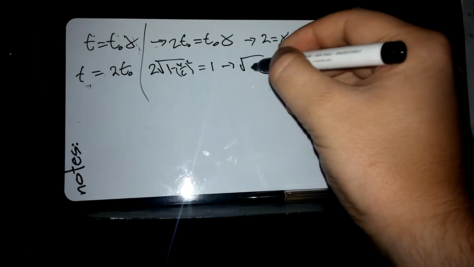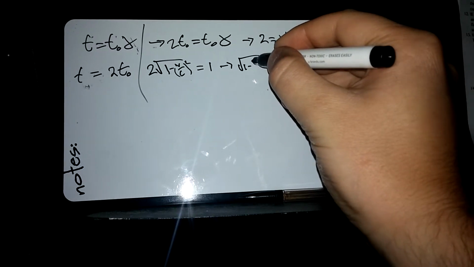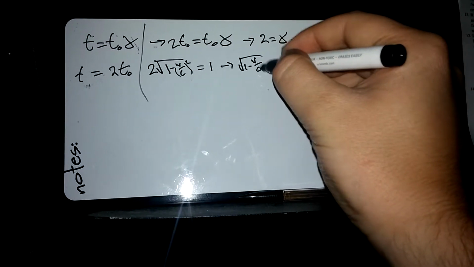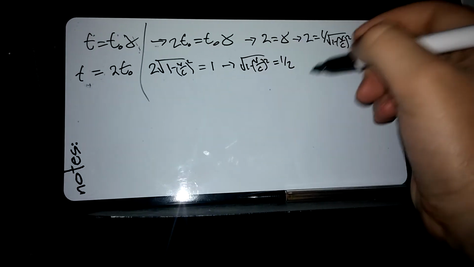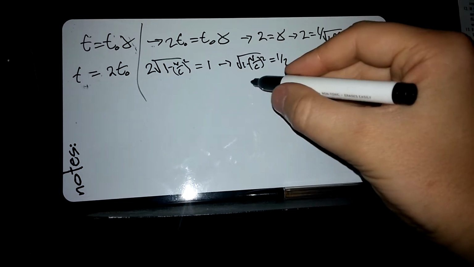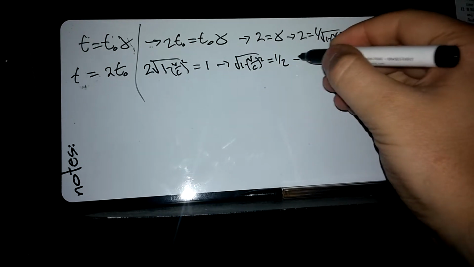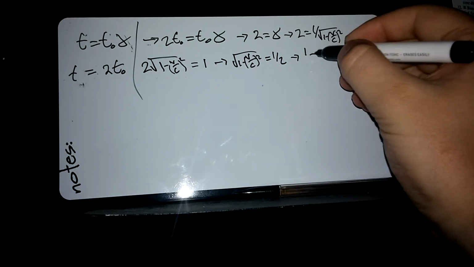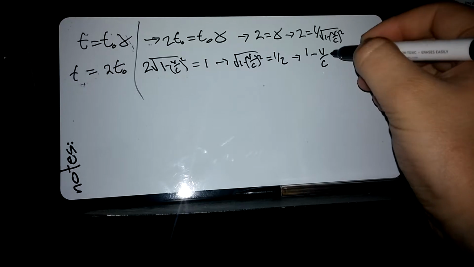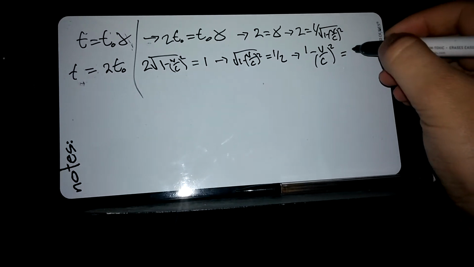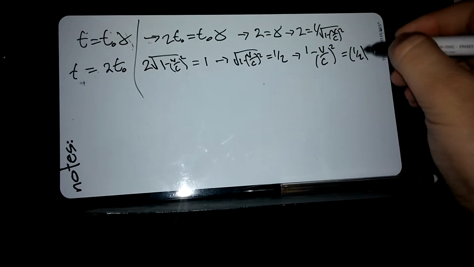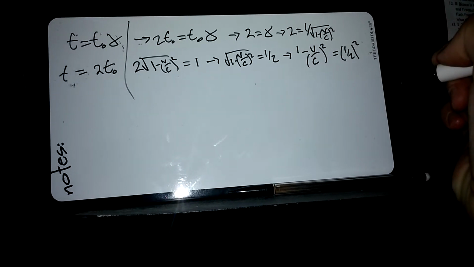We have this equals 1/2. Sorry, just going to have to write it over because this is kind of complicated algebra. Then we want to square this. So we have 1 minus v over c squared equals 1/2 squared. Following me so far?